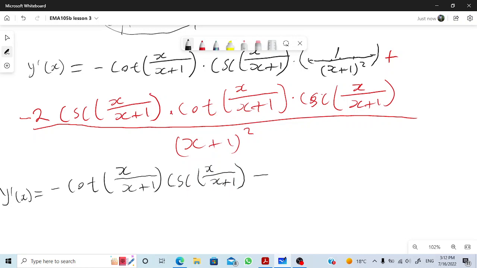Now cosecant multiplied by cosecant, we have a cosecant squared of x over x plus 1.